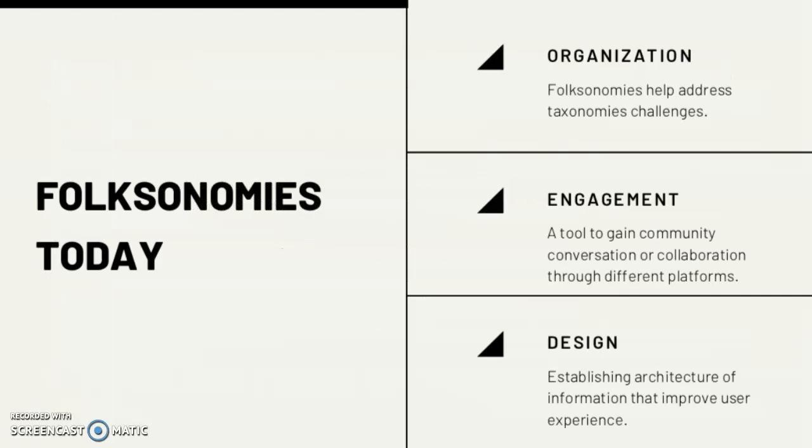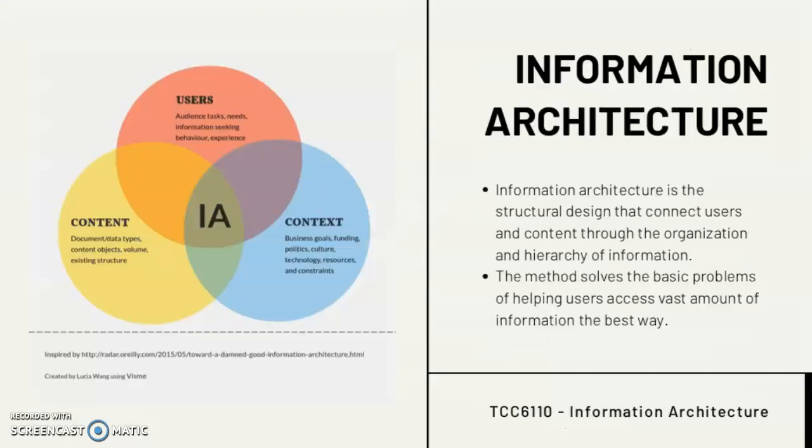Today, folksonomy helps address taxonomy challenges with the organization of information. Information architects do not have to reorganize taxonomy. It is a tool to gain community conversations or collaboration through different platforms, and it helps to establish architecture of information that improves user experience.